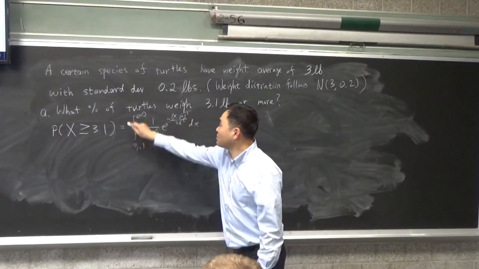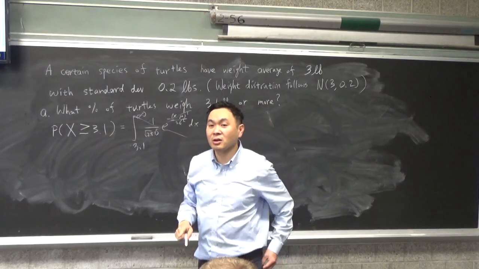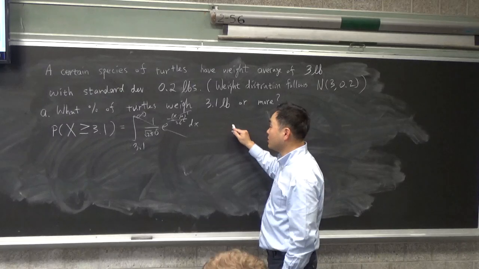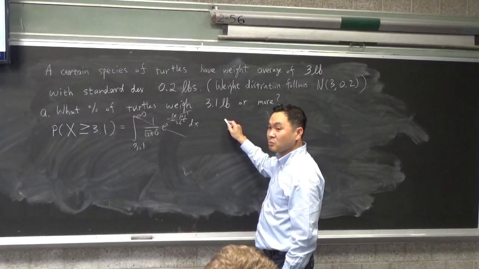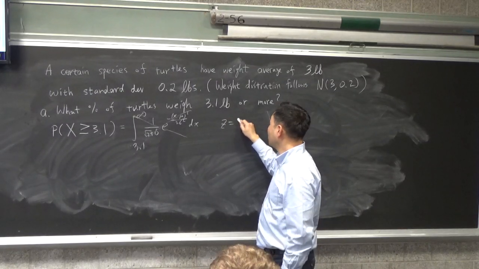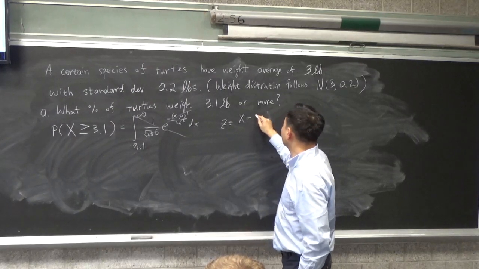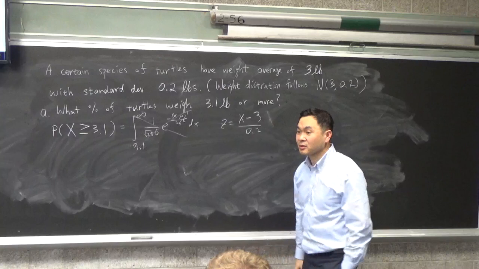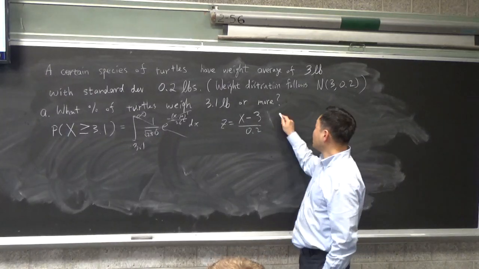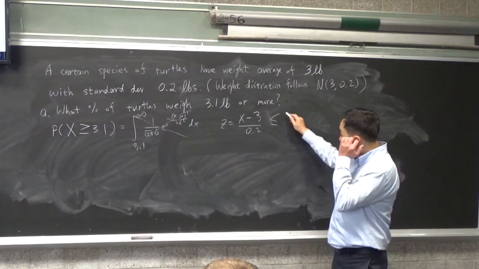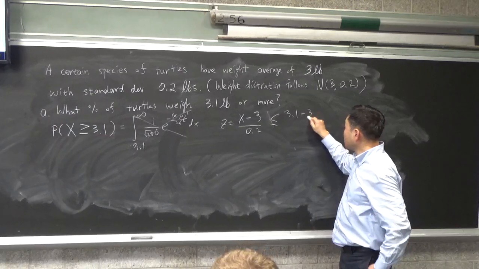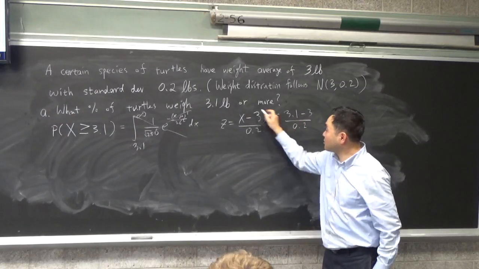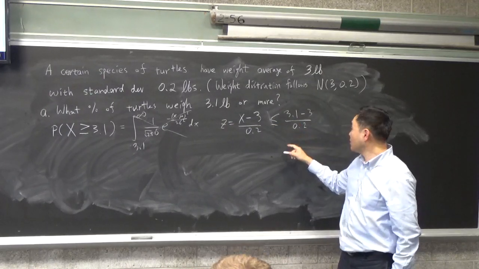So instead of this, what do we do? Z, right? What is Z? Z would be x minus 3 divided by 0.2. And this will be less than 3.1 minus 3 over 0.2. See, if x is less than 3.1, then this entire thing will be less than this, right? And what is this?